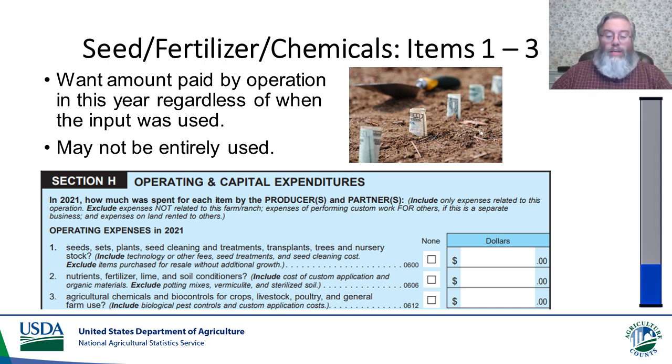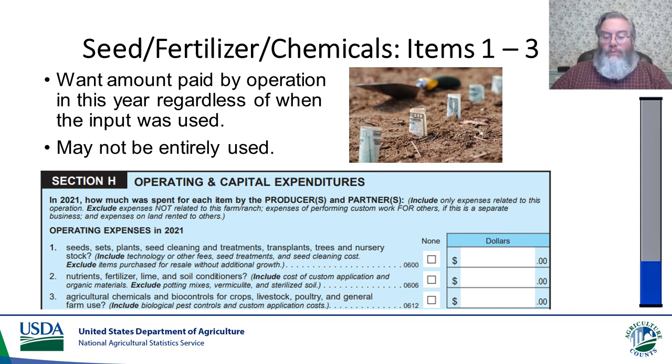Please write notes if an operator reports unusually high expenses for this year for items that would not be used until next year. At the same time, if any of the inputs for this year were purchased last year, they should not be included as part of the current reference year's expenditures.